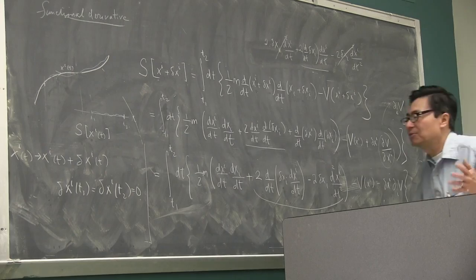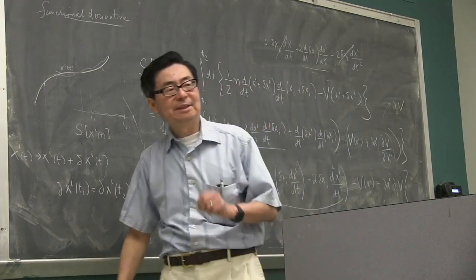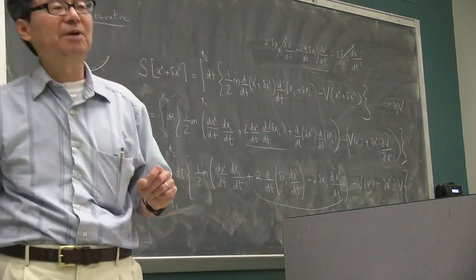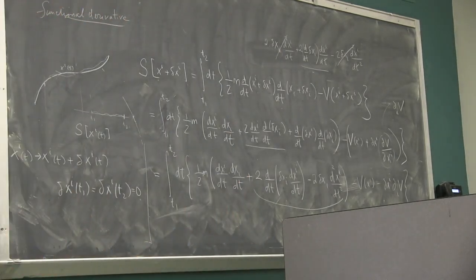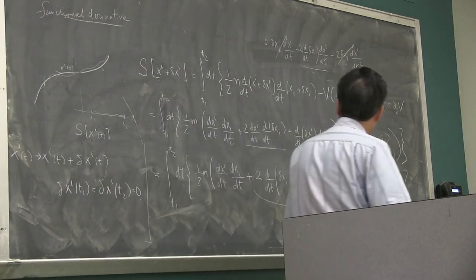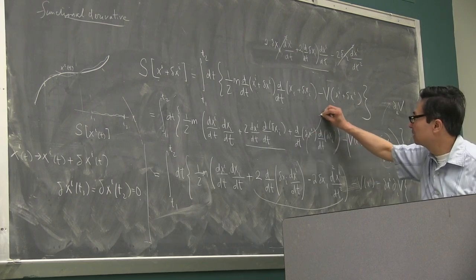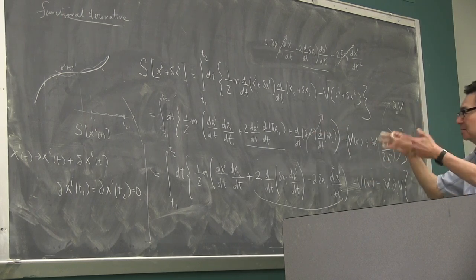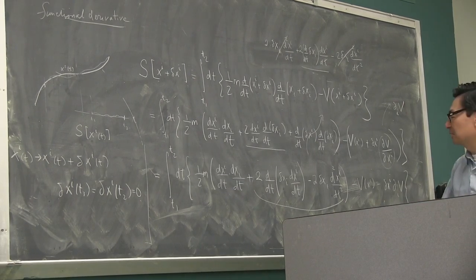Because after all, you are varying it just a tiny little bit. So delta x already is very small, so delta x squared is even smaller, and can be taken to be 0. So we don't have to include this. It kind of goes away. Put a curly because this is not a strict cancellation, but we are ignoring that on the basis of the fact that we are only keeping things to the first order.